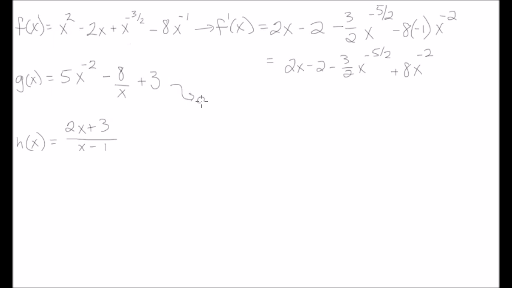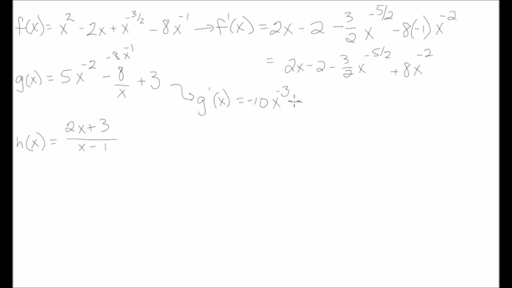For the second one, again, we're going to just do each term separately. So I bring the negative 2 down. Negative 2 times 5 is negative 10x. I subtract 1, I get negative 3. For this second term, I'm going to treat it as negative 8x to the negative 1. It's the same basic scenario as I had in the previous question.